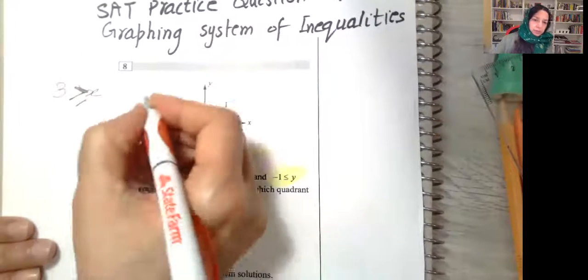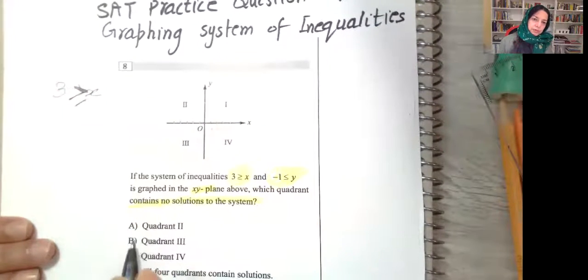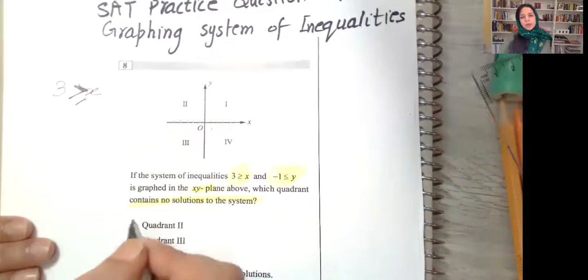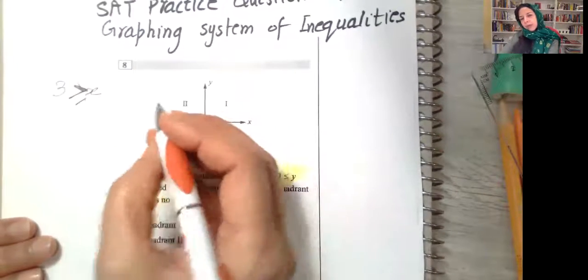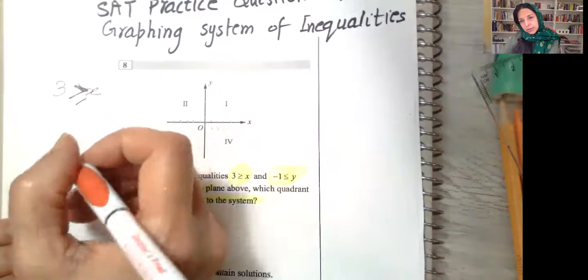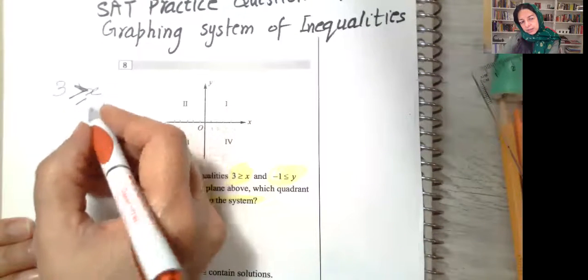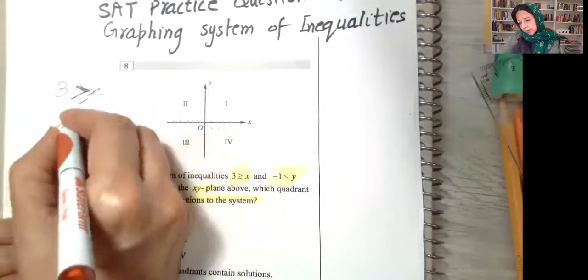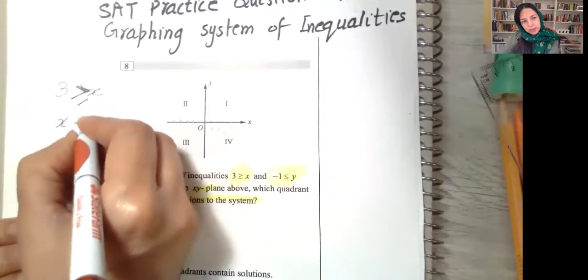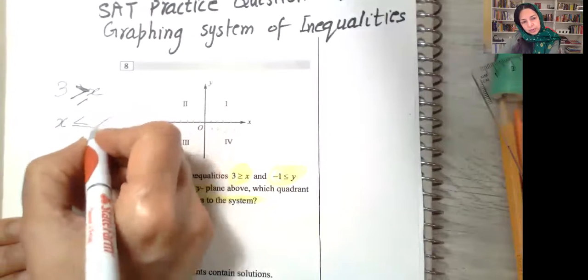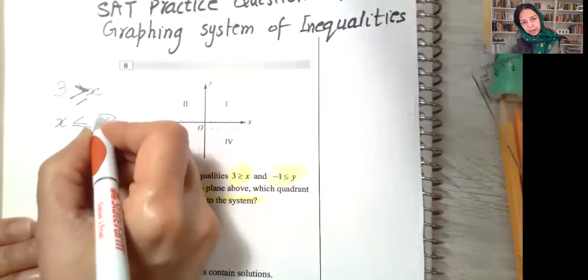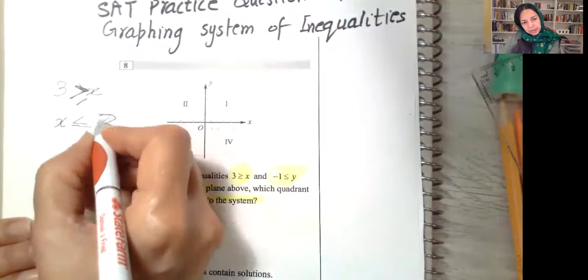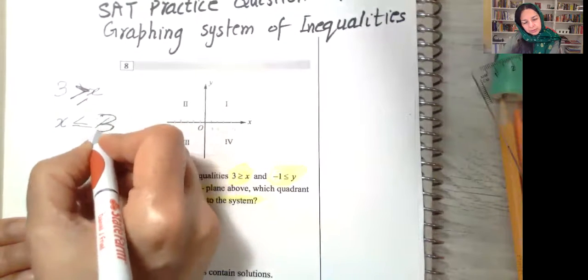Now we are going to make a small adjustment here. Having x on the left-hand side is recommended, it looks better and is easy to read. If we flip it, we write the same thing, x is less than or equal to 3. It gives the same message as the first one.